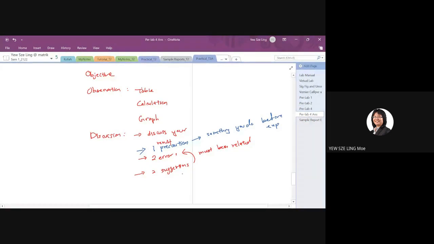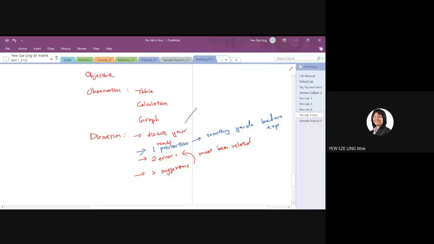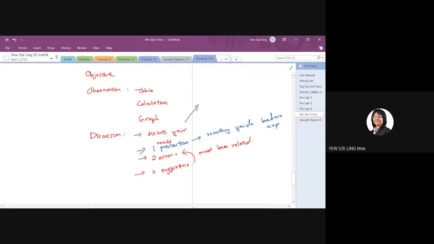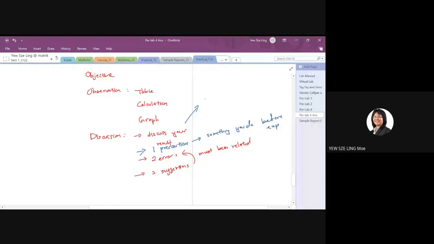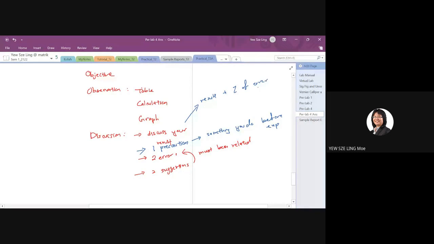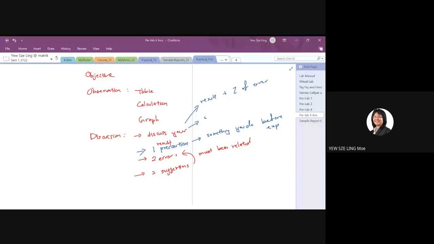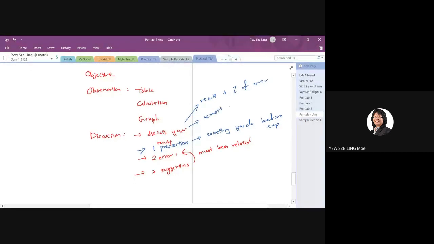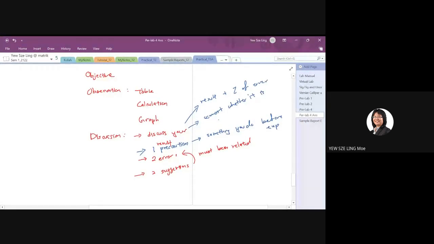As usual, you discuss your result. For example, you mention the result and then the percentage of error or the percentage of difference. And then the thing that you must have now is a comment, whether it is accepted or not, whether it is successful or not, based on the 20%.